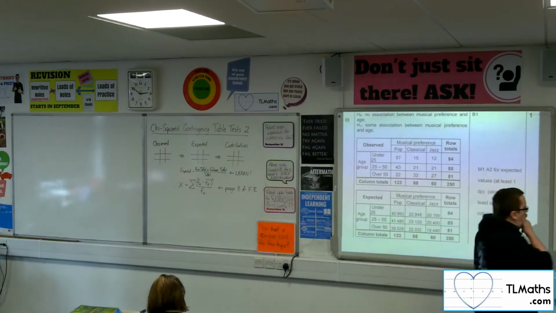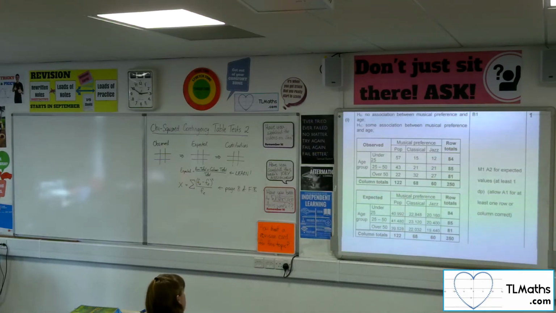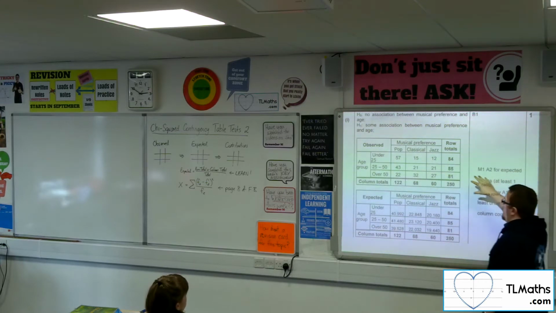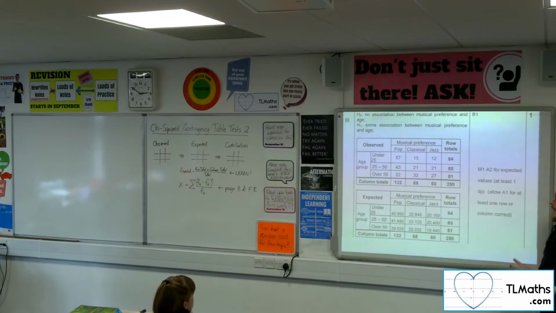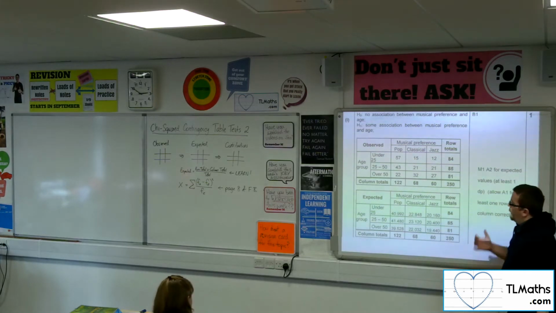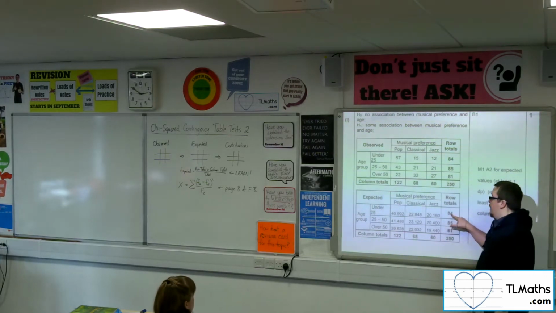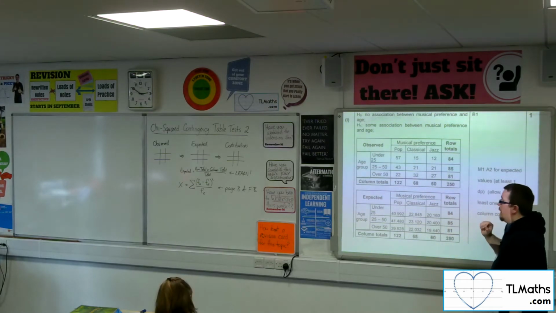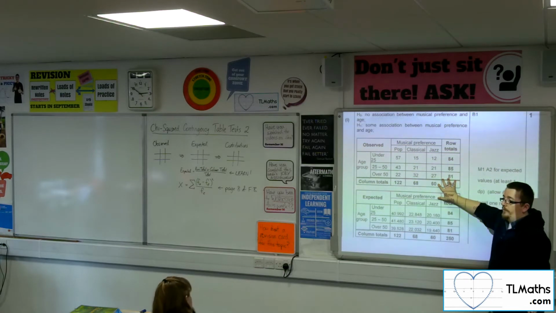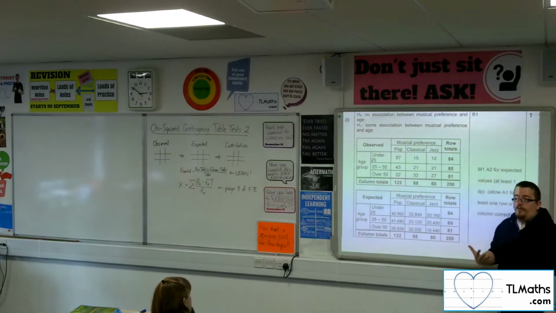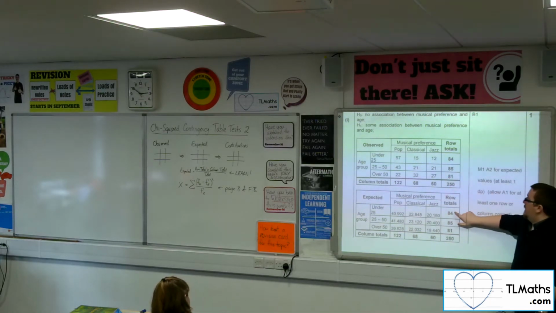So here is what we had to have. Here are the observed values that we had. These are your expected values. Remember that the check for the expected values is that the row totals and the column totals should be precisely the same as the ones that you had previously. So that is always the check if any of these are different.